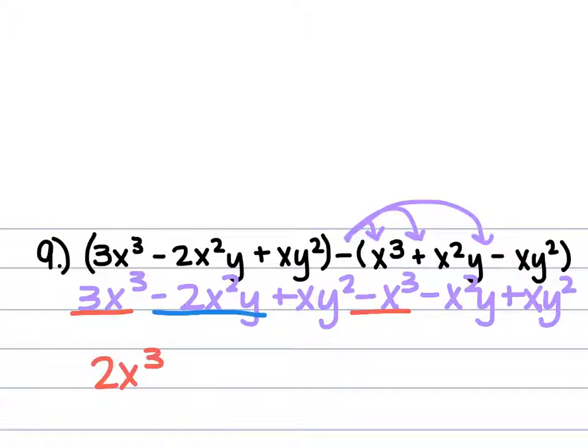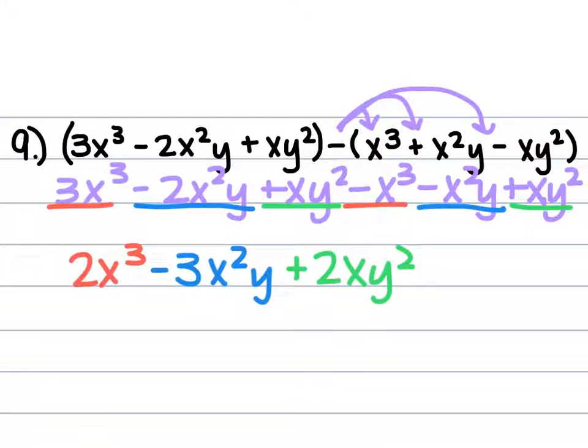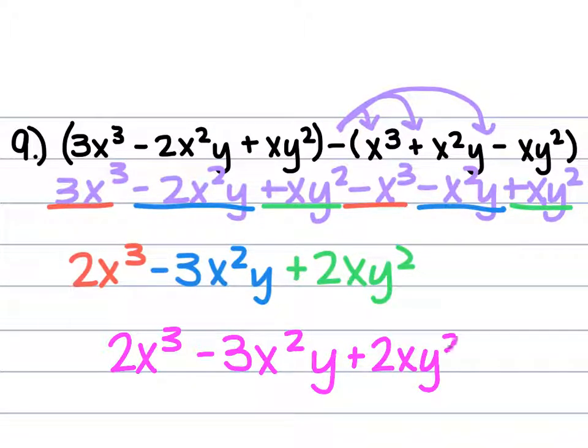The negative 2x squared y matches with the negative x squared y, so that's negative 3x squared y. And then the xy squared plus xy squared is 2xy squared. So the final answer is 2x cubed minus 3x squared y plus 2xy squared.